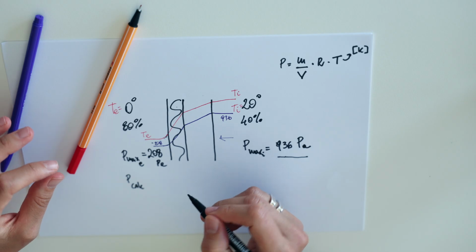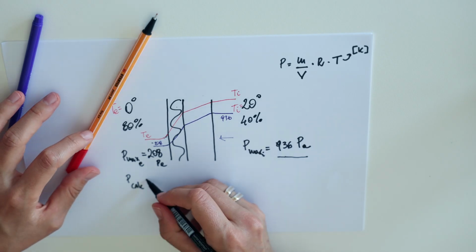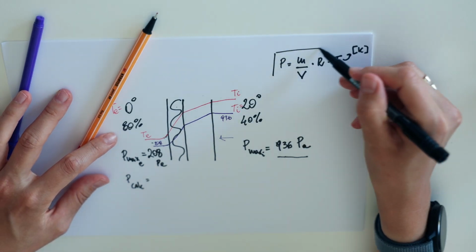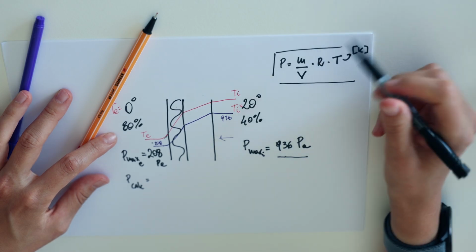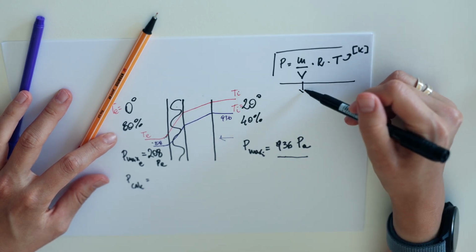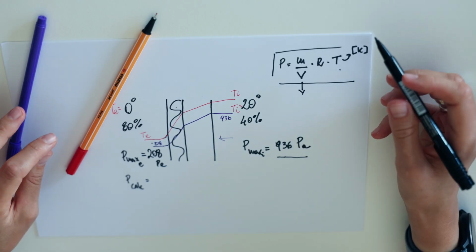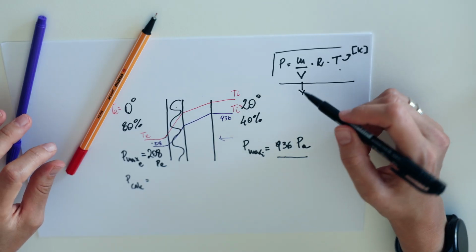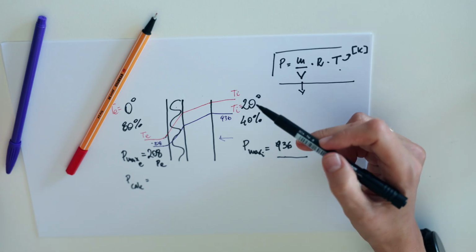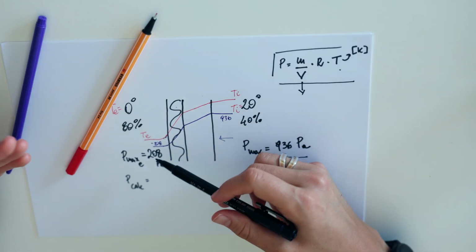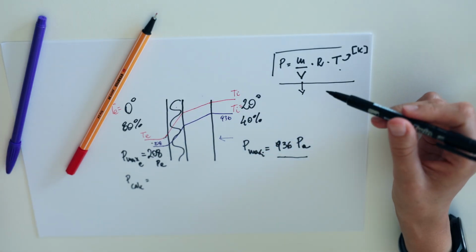So the pressure of my air, which will always be following this law, and it will depend on the relative content and the temperature. Of course, we know this because we know that the absolute amount of moisture doesn't change, and the volume either.